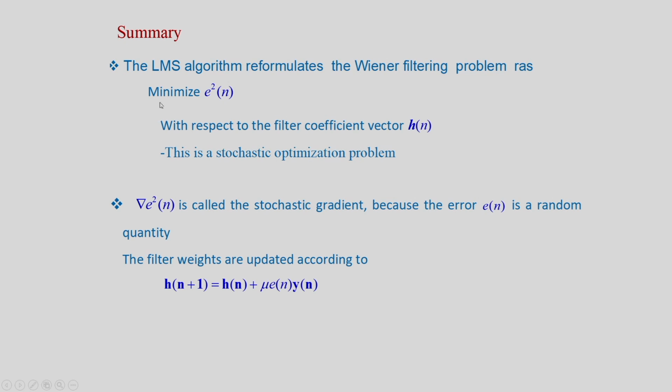Let us summarize the lecture. The LMS algorithm reformulates the Wiener filtering problem as minimize e squared of n, instead of E of e squared of n, with respect to the filter coefficient vector h of n. So, this is a stochastic optimization problem.